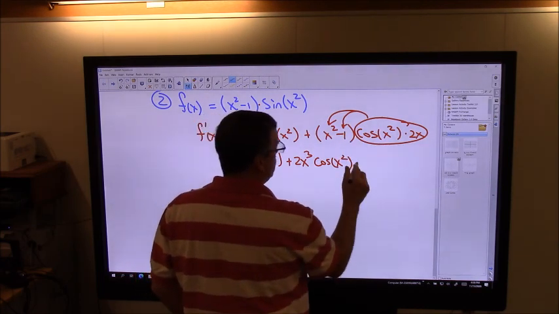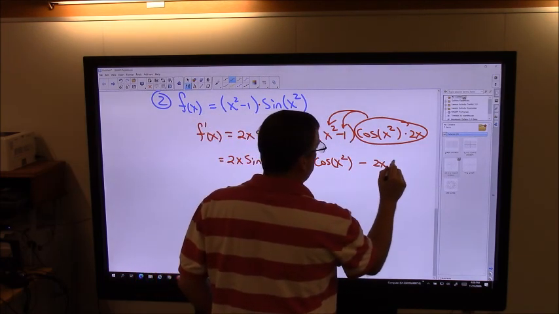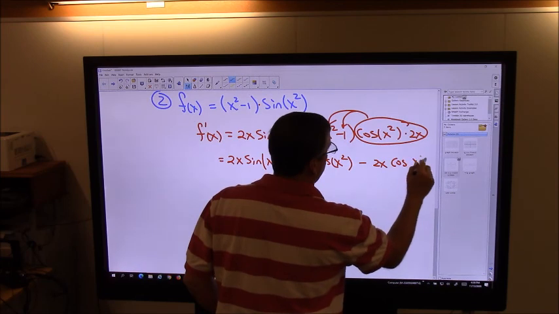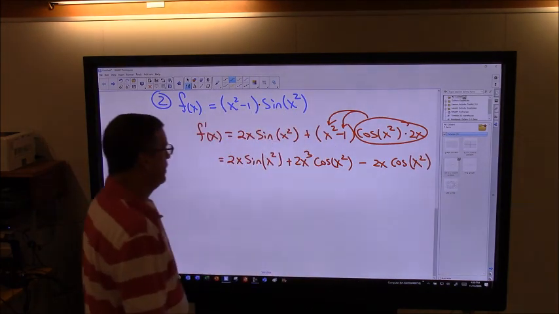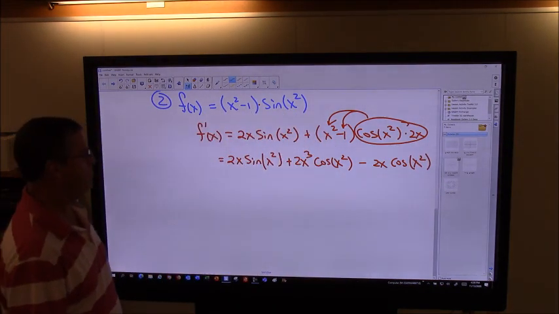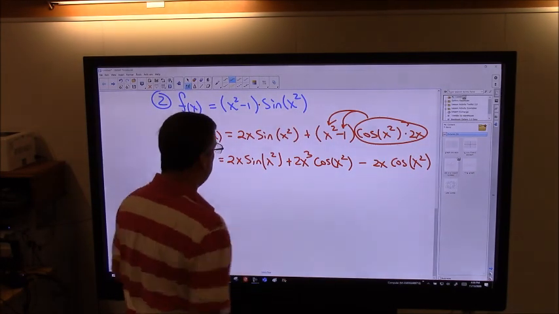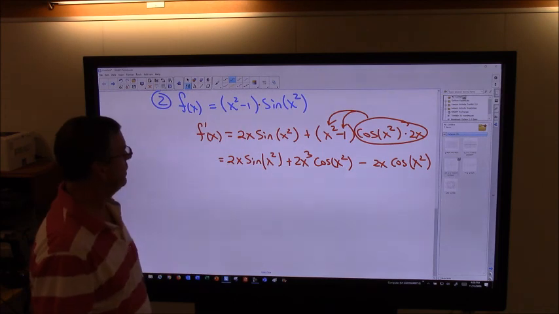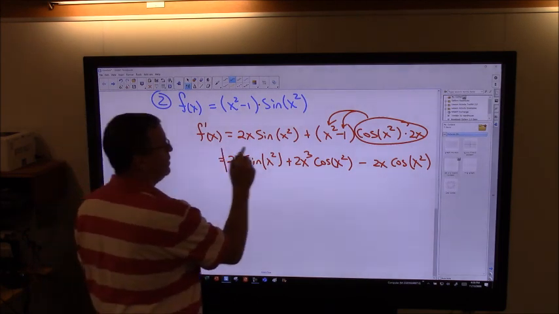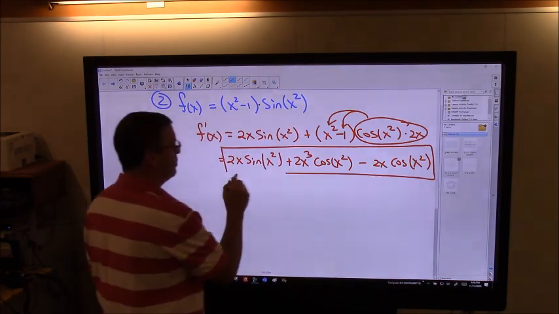And then that times 1, so I'll get a negative 2x cosine of x squared. And they aren't like terms. You know, my trig function's the same, but not my variables, so I can't add those. This trig function's different. And so that's it. That's as far as I have to go.